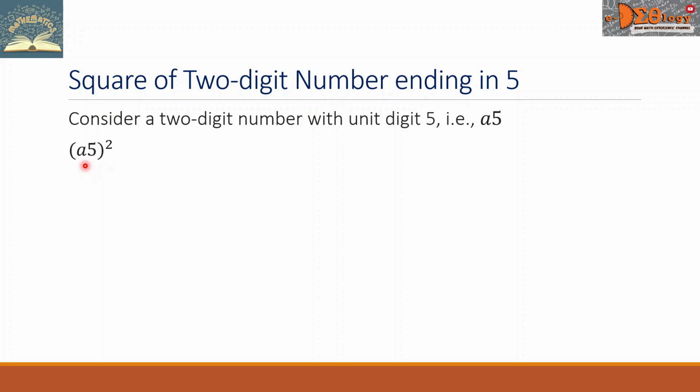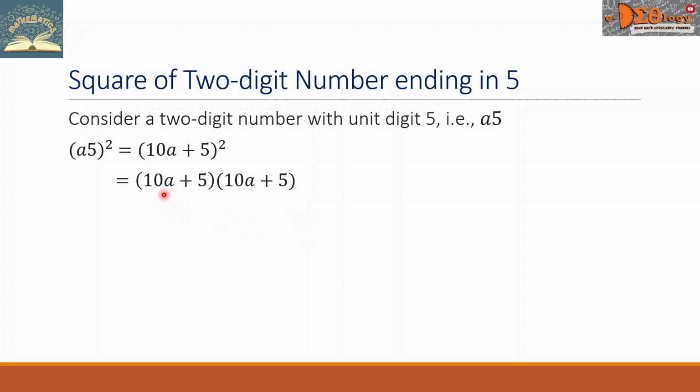When we show the tens and ones place digits of this a5, we will have 10a plus 5, and the quantity is squared. Let us expand this exponent into 10a plus 5 times 10a plus 5. Then let us expand.